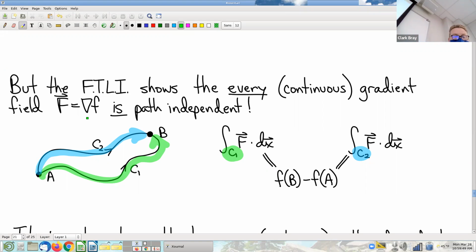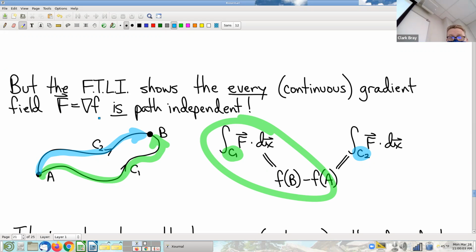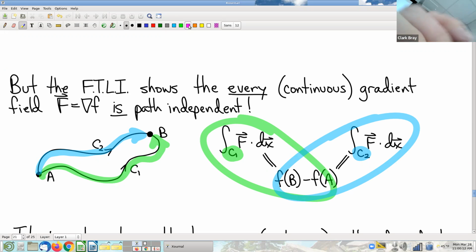Well, I'm doing a line integral of a gradient, f of B minus f of A, fundamental theorem of line integrals. Okay, how am I going to compute along C2? Well, I'm doing a line integral of a gradient. So the line integral along C2 is, again, f of B minus f of A. So these two line integrals are both equal to the same thing, and therefore they're equal to each other.